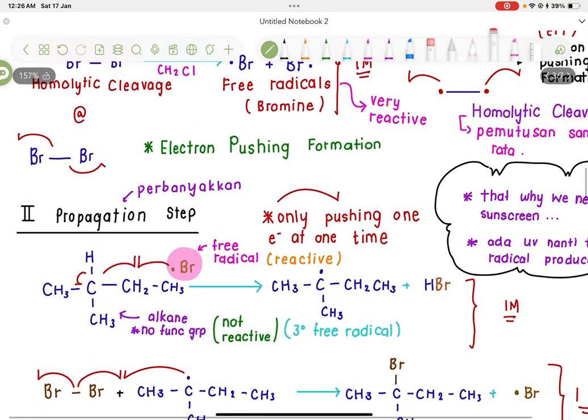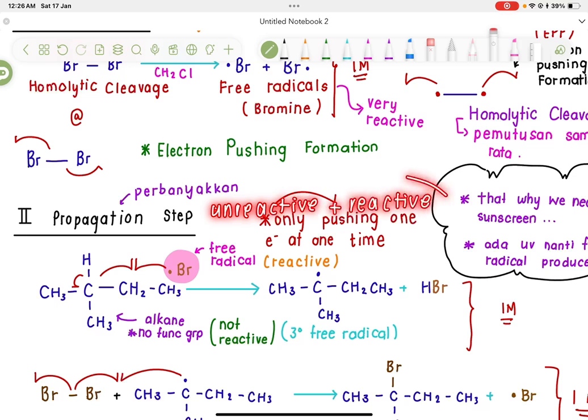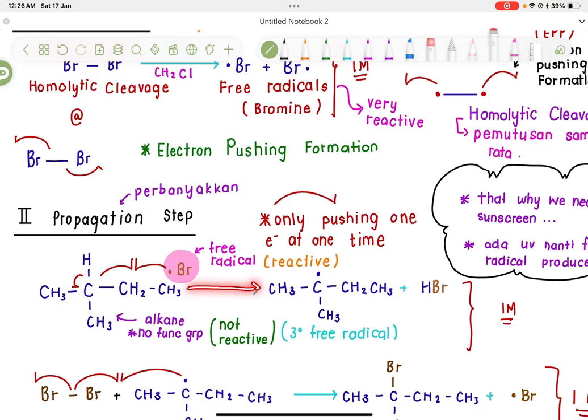You need to understand that in this propagation step, we are reacting unreactive with reactive. In this case, we have the unreactive one over here reacting with the reactive free radical. This will produce a reactive radical, this one, and HBr.